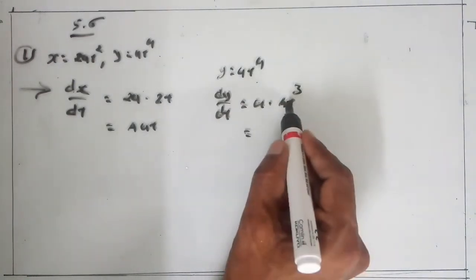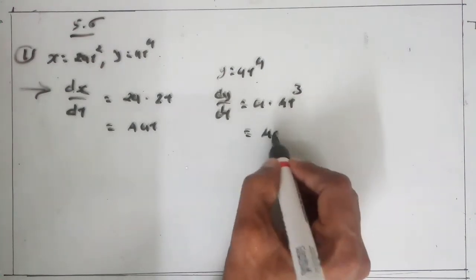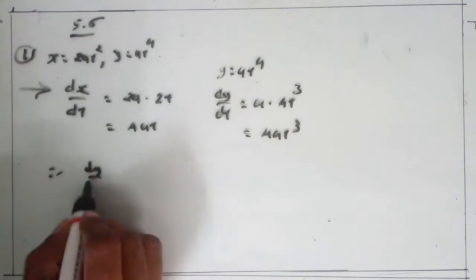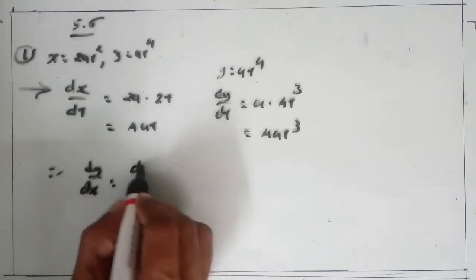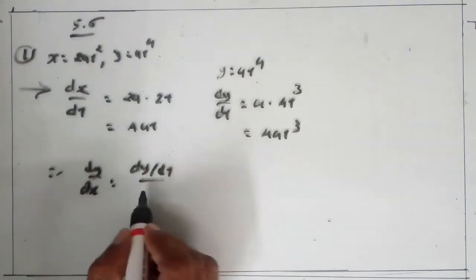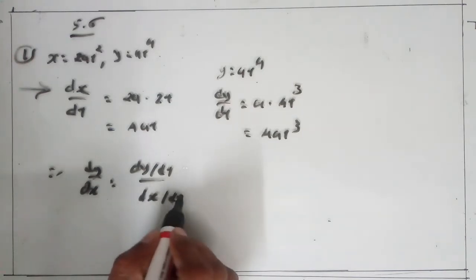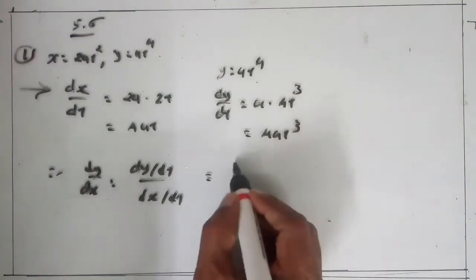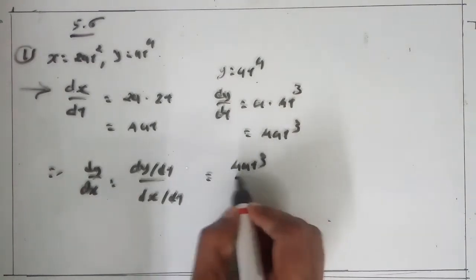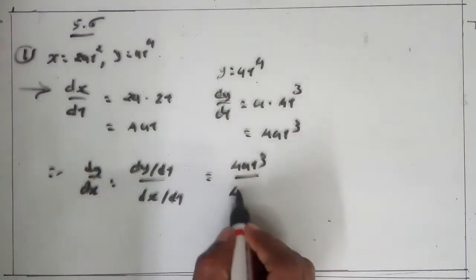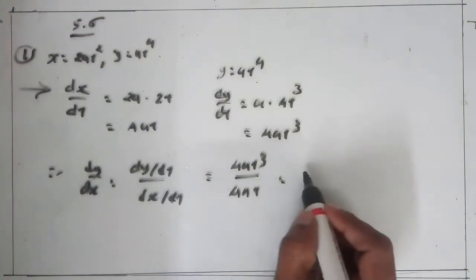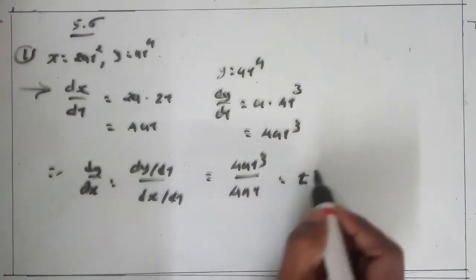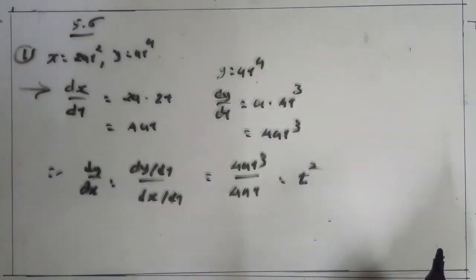So now simplify this: 4at³. Therefore dy/dx is equal to, we know, (dy/dt) upon (dx/dt). Here dx/dt is not equal to 0, so dy/dt is 4at³ upon dx/dt, which is 4at. So we get the answer: 4a from both cancel, one t cancels, so we get at². Clear?